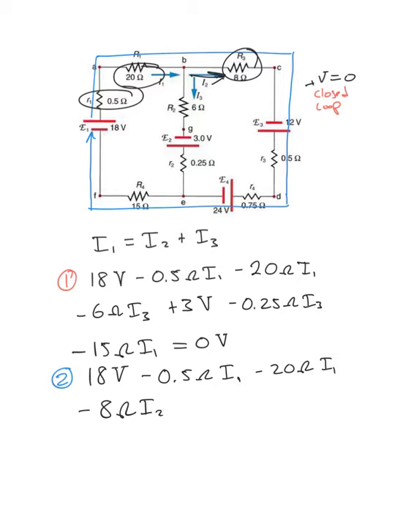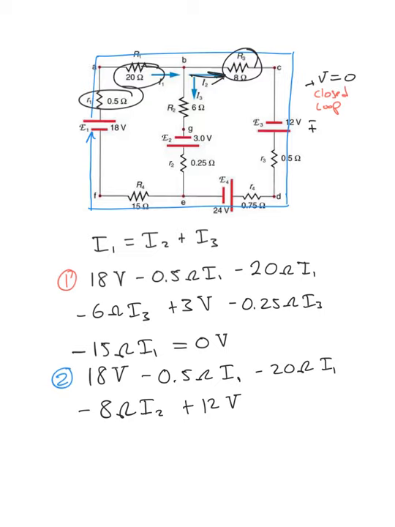Then we hit the 12 volt battery, which is aligned such that we are moving from the negative end of the battery to the positive end, so we gain, sorry, I wrote that backwards there. We move from the negative end to the positive end, so we're gaining voltage. So we add 12 volts into our sum.